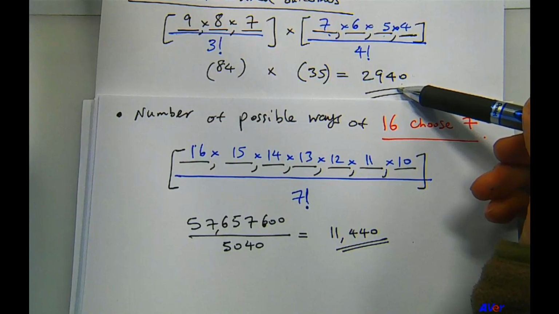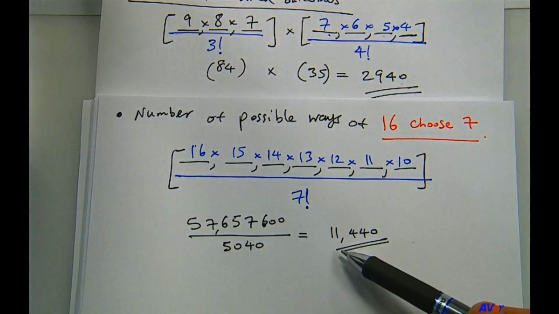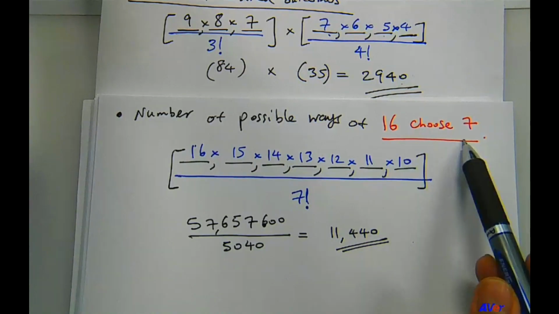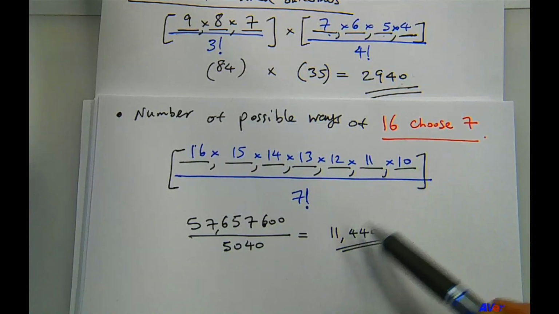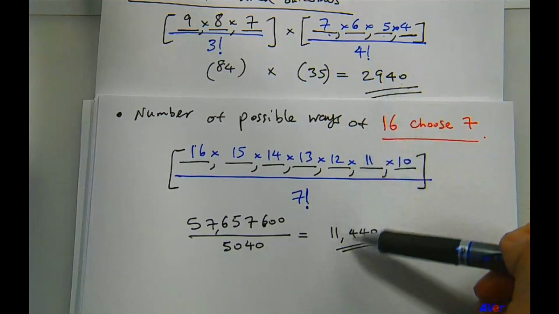So here we have the number of desired outcomes, which would be 3 men and 4 women, with no order being important. And here is all possible ways we can select 7 individuals from 16, or 16 choose 7. So to find the probability of this desired outcome, we divide this by this number.